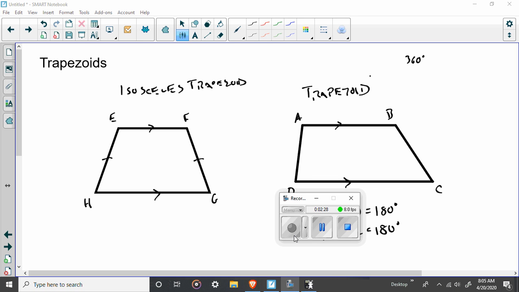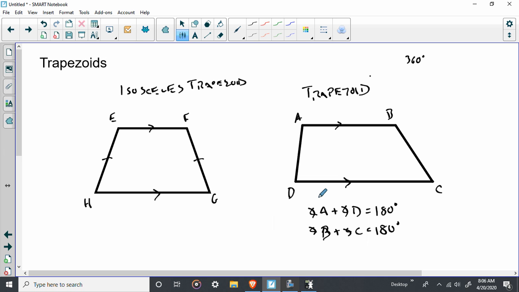So with an isosceles trapezoid, because the legs are congruent, you also have your base angles being congruent. If you remember, that was true for isosceles triangles as well. And again, I said we'll go over why tomorrow, but for now, just take my word for it. All right?